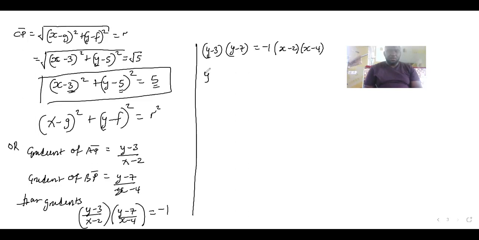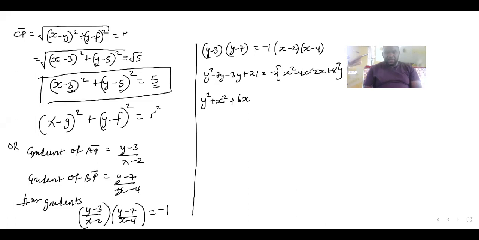Further expansion: y squared minus 7y minus 3y plus 21 is equal to a negative into (x squared minus 4x minus 2x plus 8). Further expansion, you realize y squared plus x squared, this is a negative 6, a negative comes in front, so positive 6x.